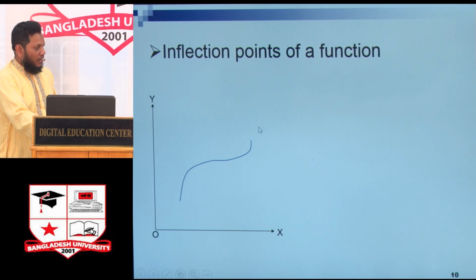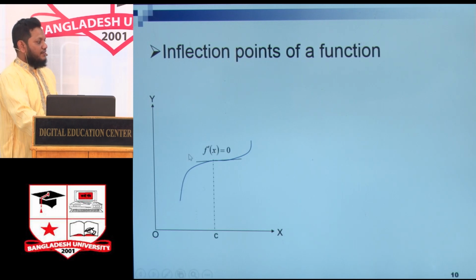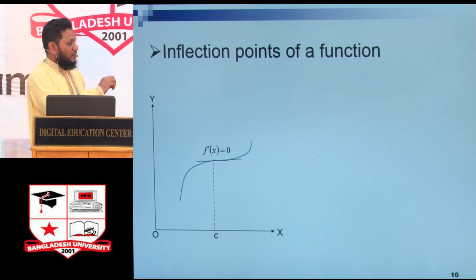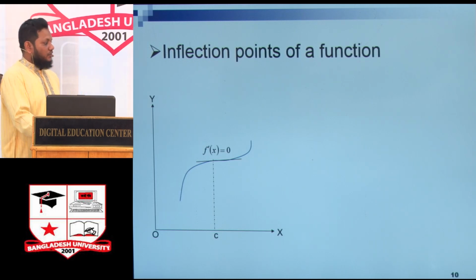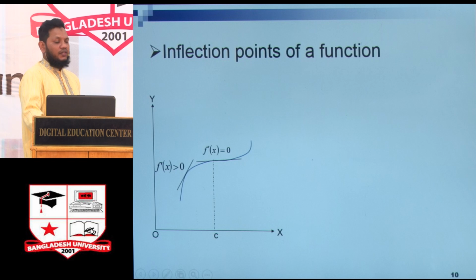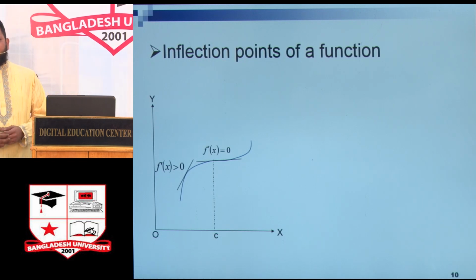Now, we may have some other graphs here. You see, there is a stationary point, f prime x equal to 0, but the graph is continuous through this point. And you see, at this point f prime x equal to 0. So we can say this point is known as a stationary point or critical point. And we can check on the left side of this stationary point that the function is increasing.